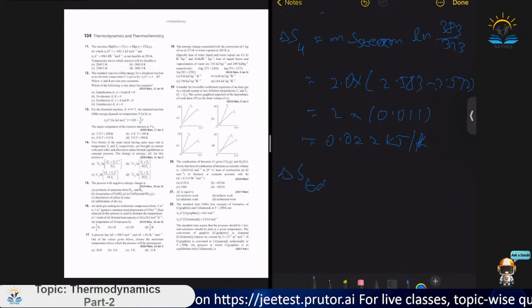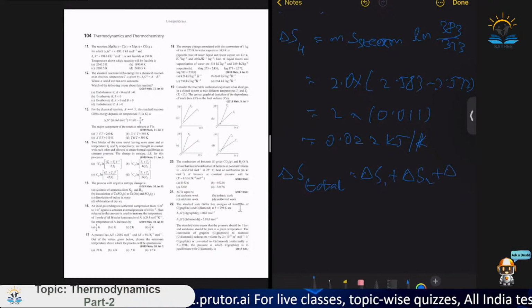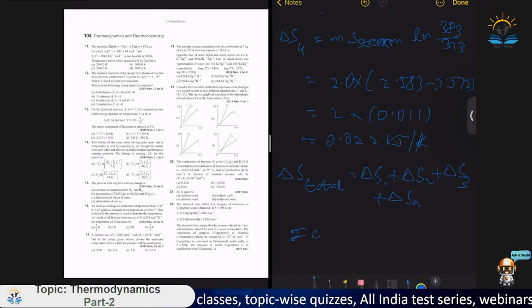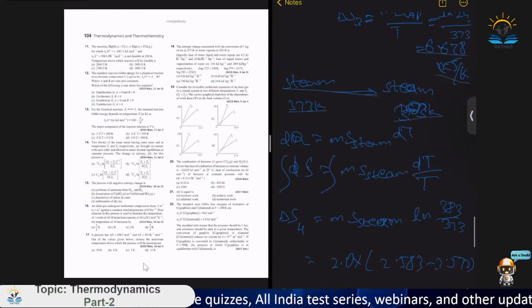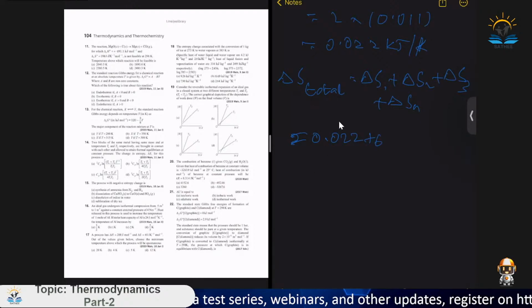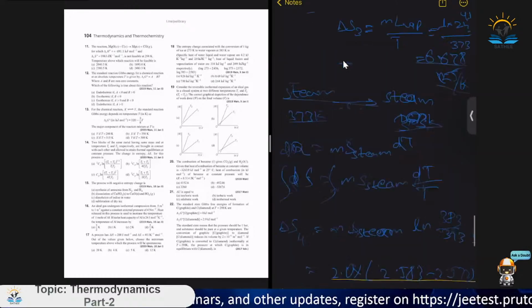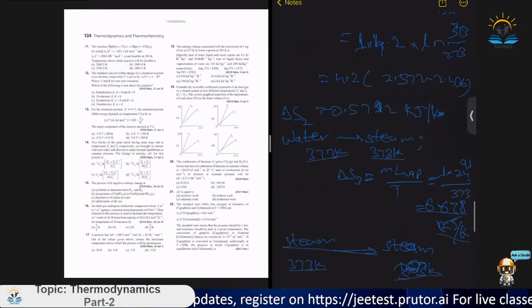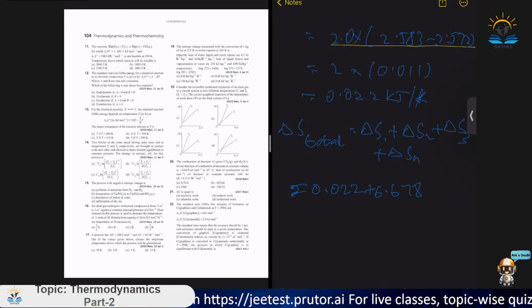So delta S total is delta S1 plus delta S2 plus delta S3 plus delta S4. Writing from the last, 0.022 plus 6.678 plus 0.5712.